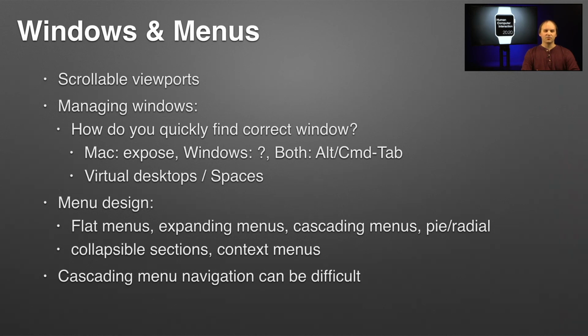So looking at windows and menus specifically, we've arrived at this idea of having these viewports that scroll. One of the big challenges when we started to really use these systems is how do you manage windows? How do you find the correct window quickly? So you've got things like Alt-Tab, Command-Tab, things like the gesture I mentioned earlier to show you everything, to move between things, right?